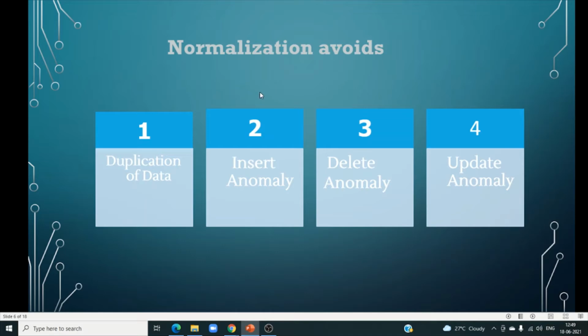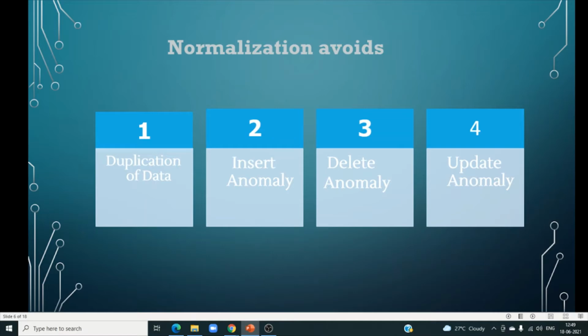Here we are saying that normalization avoids duplication of data, that is data redundancy, and insert anomaly, delete anomaly and update anomaly. What are these? These are problems. Insert anomaly means when we are inserting new data into the table, there may be problems. Those problems are called insertion anomalies.